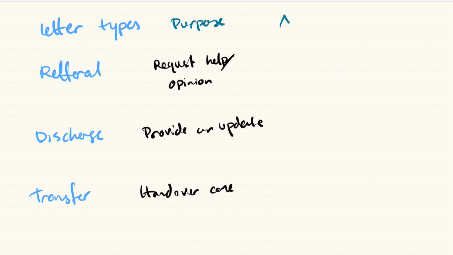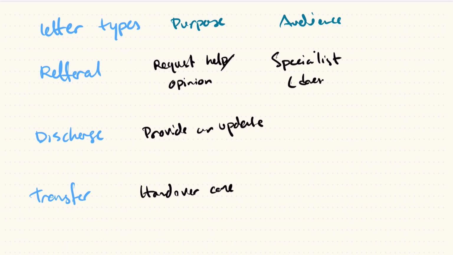And audience, maybe this is the most informative part of these letters. The audience for referral is especially a specialist. Specialist has one L in it. A specialist that doesn't necessarily know the patient, and that's important. That means that you need to add some sort of medical history.